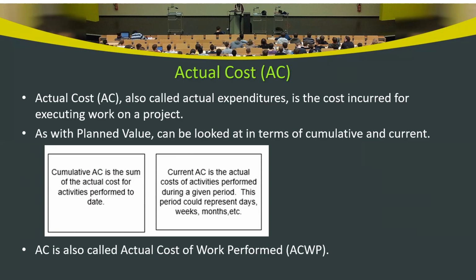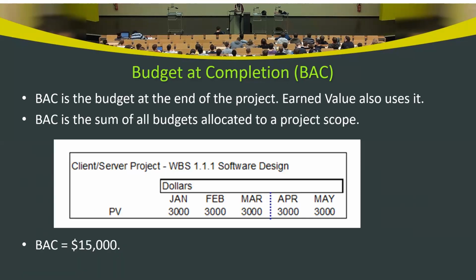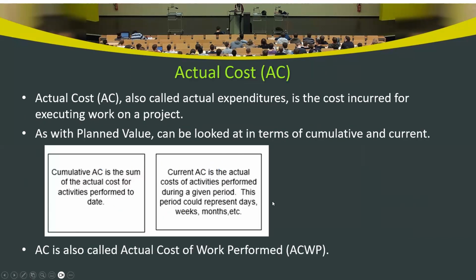Actual cost is the actual cost of the work performed. So let's say this is a dotted line. Whatever work is completed up to this point, and how much has actually been spent on that amount of work, that is called actual cost or actual expenditure.